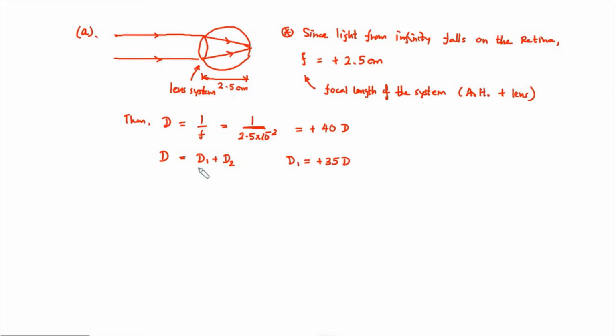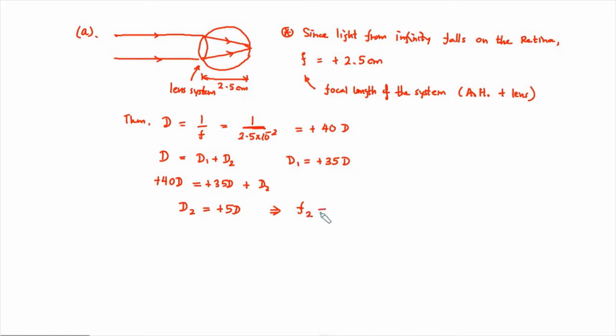So we can substitute D1 here. Since we know D, we can find the focal length of the aqueous humor. So plus 40D is equal to plus 35D plus D2, and here we get D2 is equal to plus 5D.